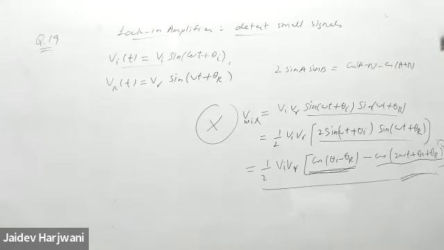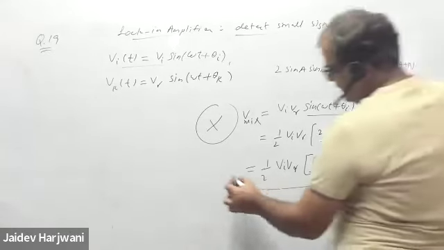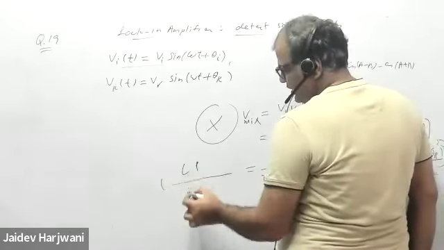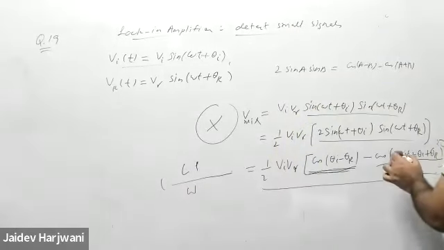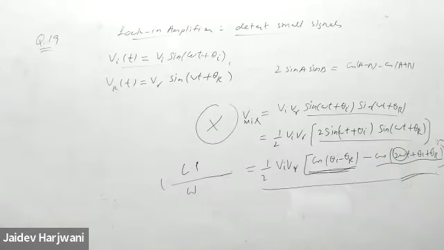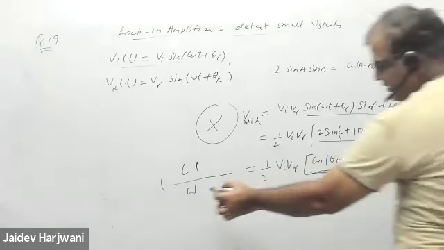So if I pass this output through a low pass filter of cutoff frequency omega, and here the frequency is 2 omega, obviously this part will be eliminated, because 2 omega is greater than the cutoff frequency omega.